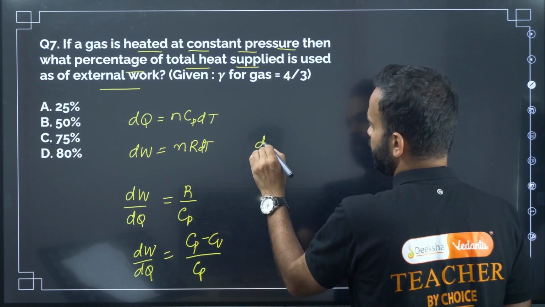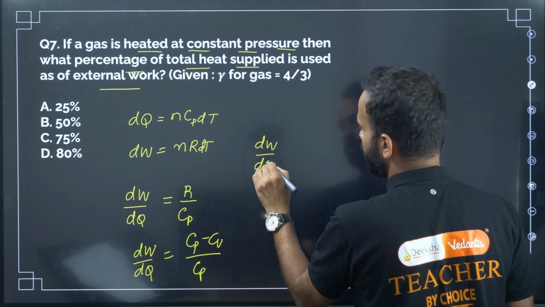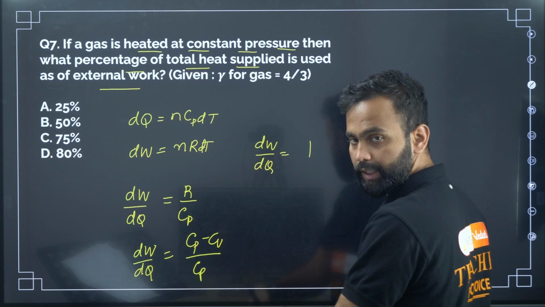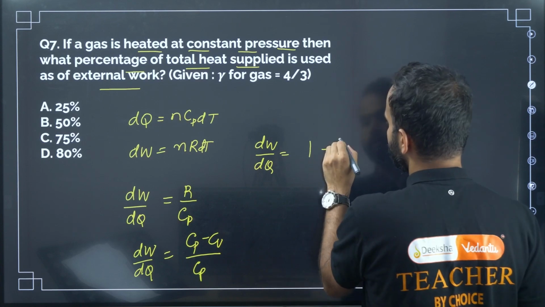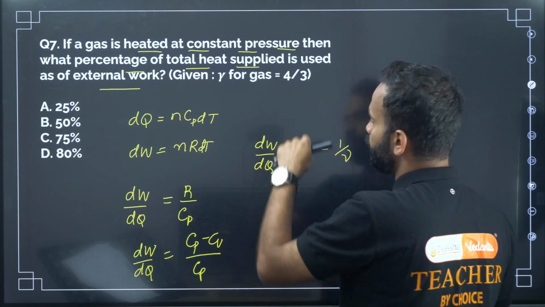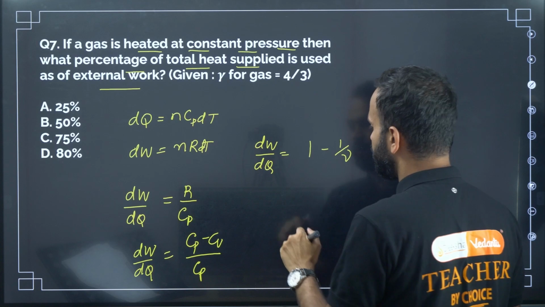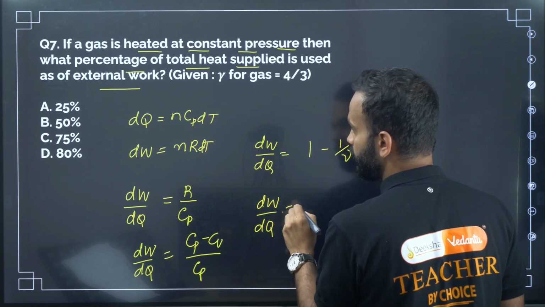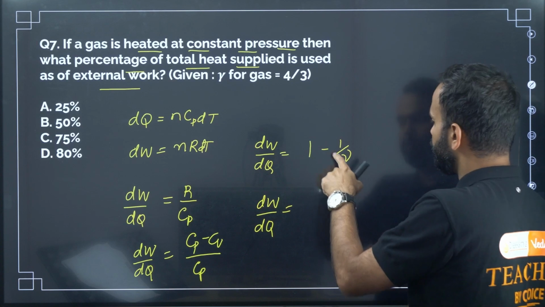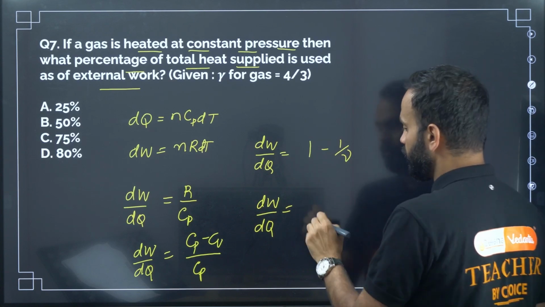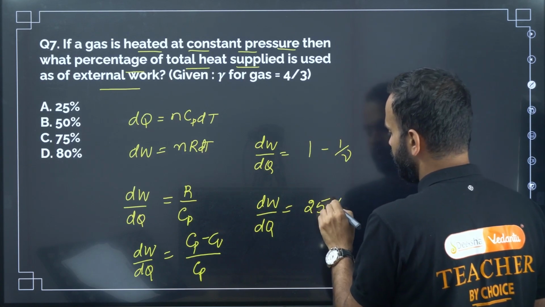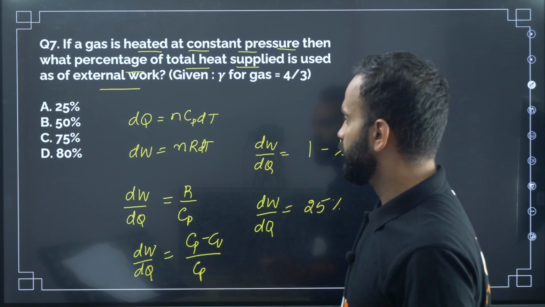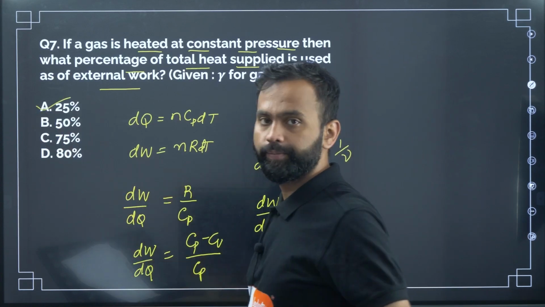So dW divided by dQ is equal to 1 minus Cv by Cp, that is 1 by gamma. Gamma is 4 by 3, so 1 by gamma is 3 by 4. Finally dW divided by dQ is 1 minus 3 by 4, which is 1 by 4, that is 25%. Now multiply it by 100, you will get 25%. The correct option is A.